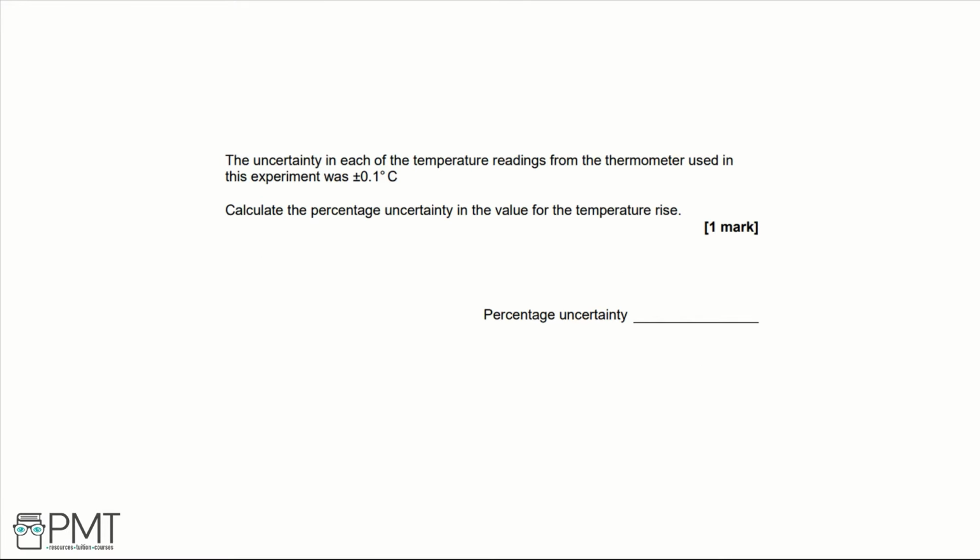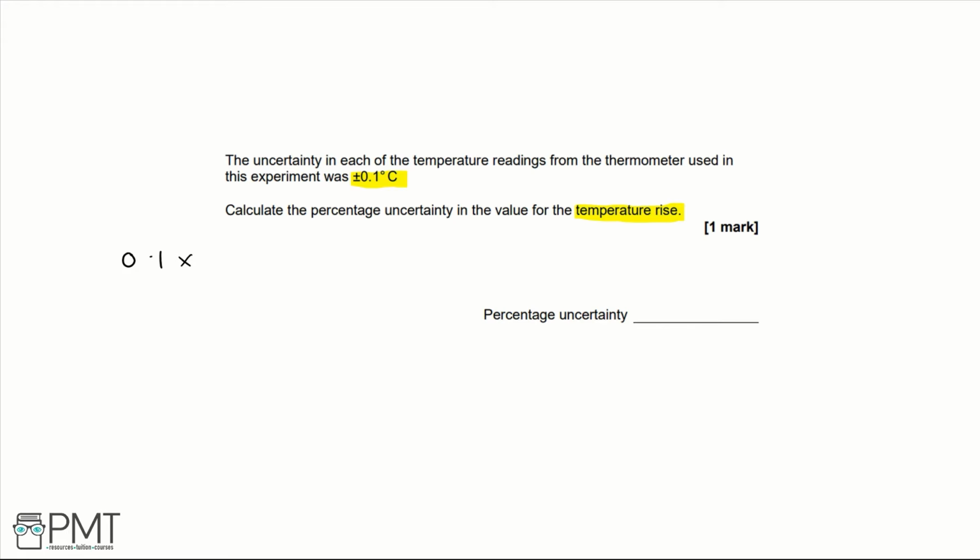The uncertainty in each of the temperature readings from the thermometer used in this experiment was plus or minus 0.1 degrees Celsius. Calculate the percentage uncertainty in the value for the temperature rise. So the key parts of this question is the uncertainty for temperature readings and that we want the percentage uncertainty for temperature rise. So the equation that we're going to use is our uncertainty, which is 0.1, multiplied by how many times we've used it to calculate temperature rise.